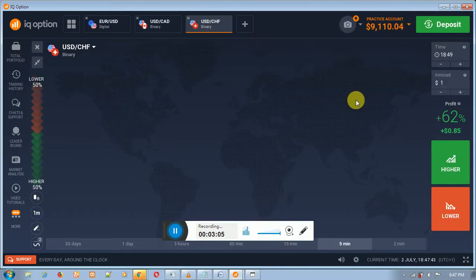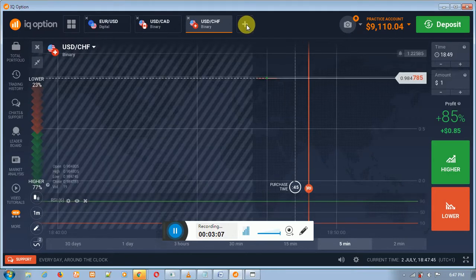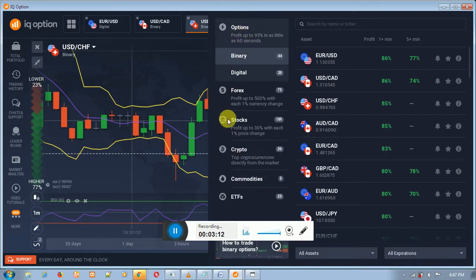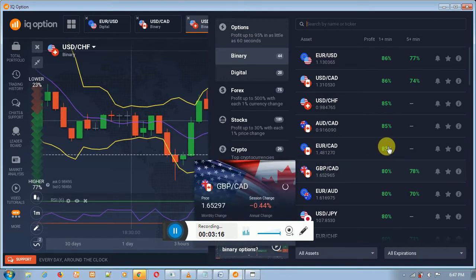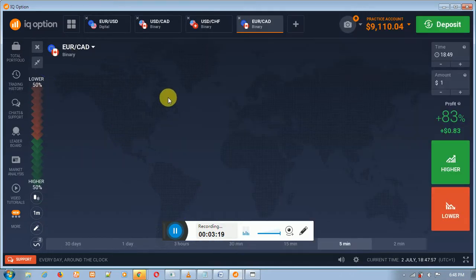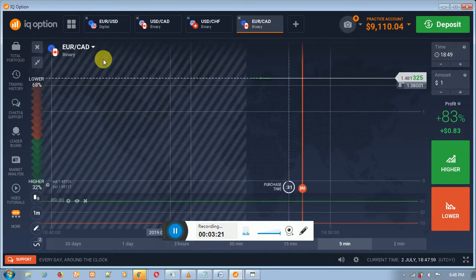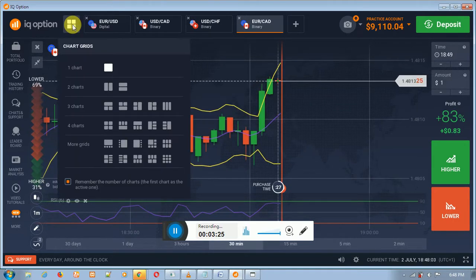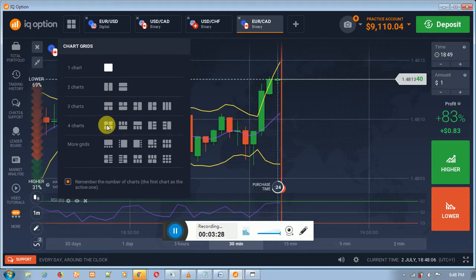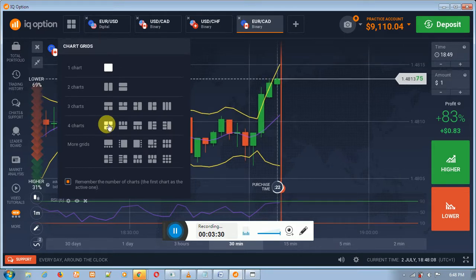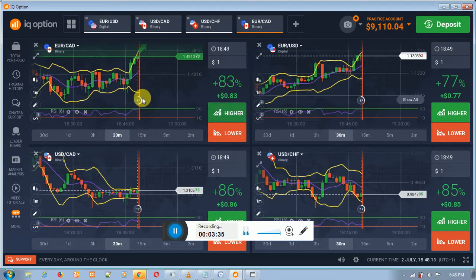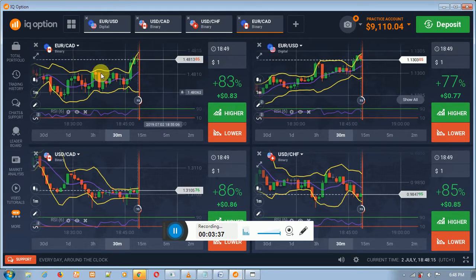Let me add one more to make it 4, though usually I normally open 6. So I go to Euro Canada dollar. Okay, this is 4. As you can see, as I open a new one, it's automatically taking the setting you are giving it. So I open 4 charts to oversee all 4 windows which I have opened there. This 1, 2, 3, 4.